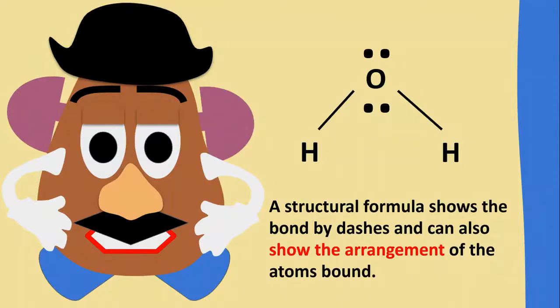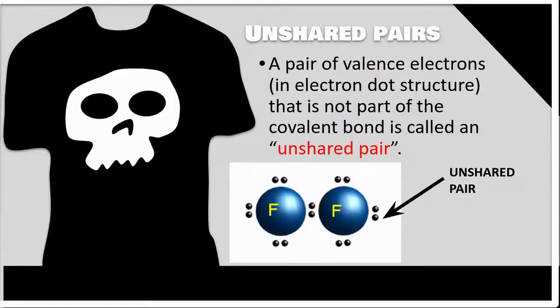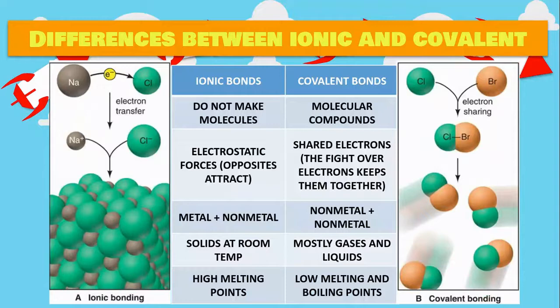One important thing to mention is that the electrons that are not part of the bond are called unshared pairs. These will become important later on when we determine the shape of the molecule, because these are the ones that determine that.